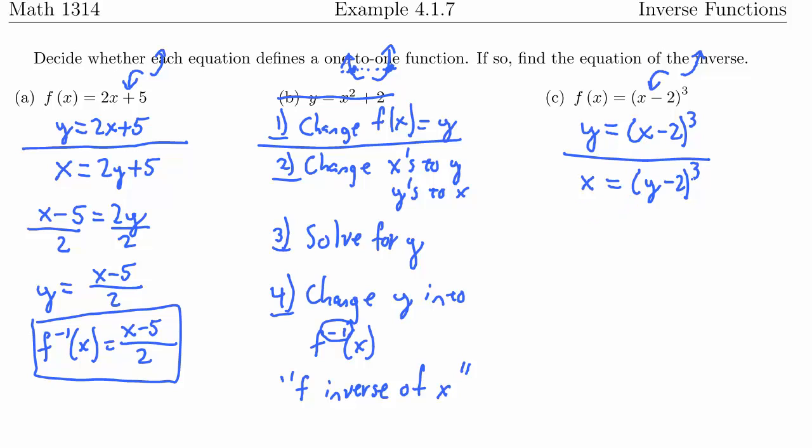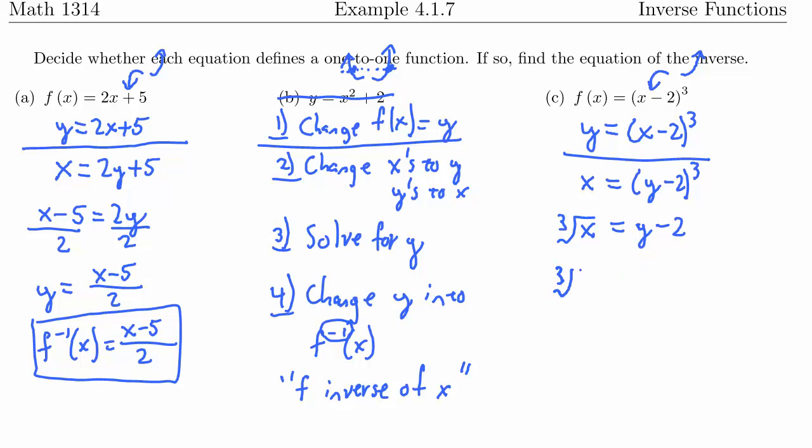Notice that everything over here is being cubed. You can only do this whenever everything on one side is being cubed. What I'm going to do now is take the cube root of both sides. That means that the left-hand side becomes the cube root of x, and the right-hand side is just y minus 2. Then you add 2 to both sides.